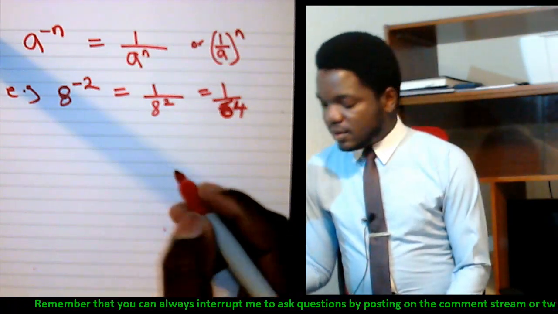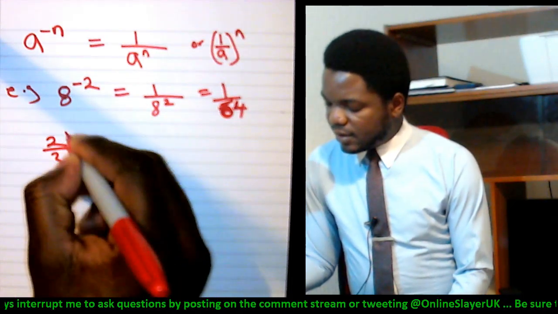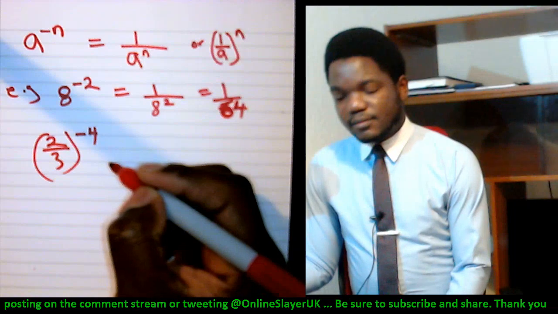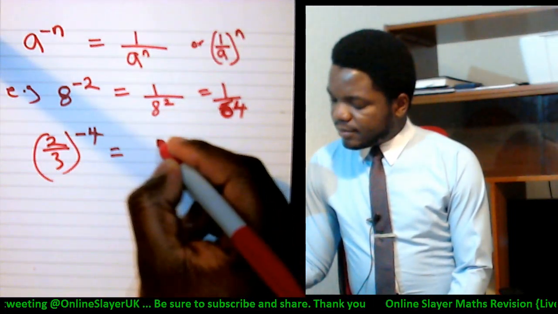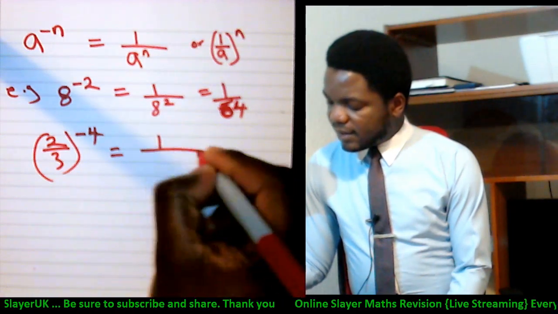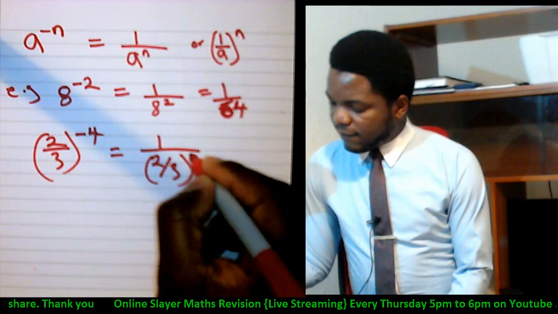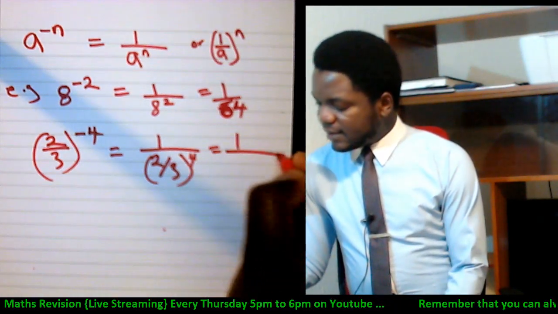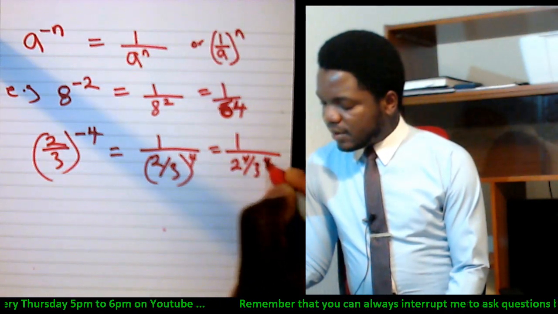What if you've got another question like this? 2 over 3 to the power minus 4. That's going to be 1 divided by 2 over 3 to the power 4. And that's the same thing as 1 divided by 2 to the power 4 over 3 to the power 4.